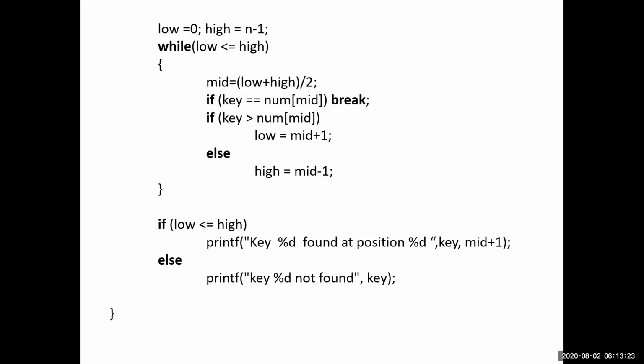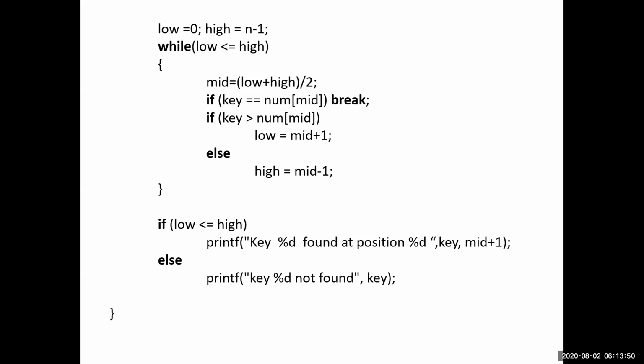While low is less than or equal to high, we compute the mid value. If key is equal to num of mid, then key is found and we come out of the while loop. If not, and key is greater than num of mid, then change the lowest index to mid plus 1. Else change the highest index to mid minus 1.